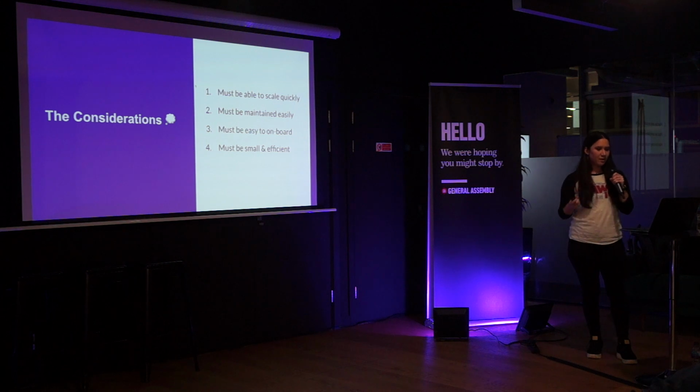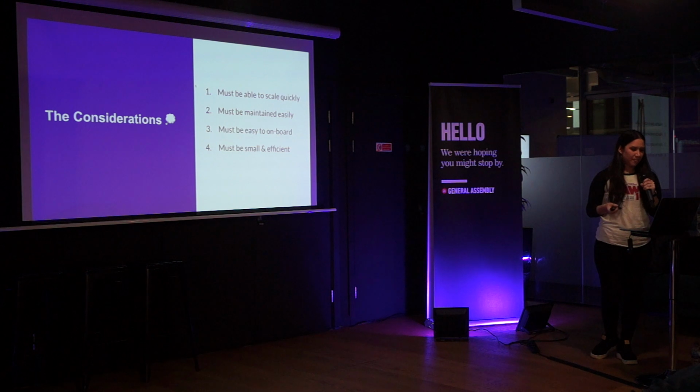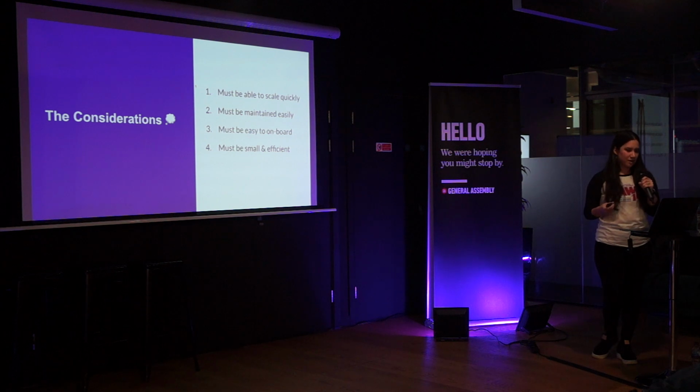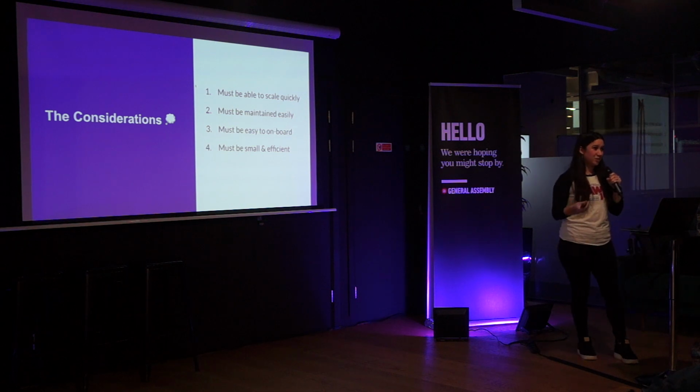So we want to be able to find, read, edit, modify, add, remove code with ease. And it must be able to onboard. So as the team grows, we want to make sure that all developers from any background can learn the frameworks that we choose, even with no direct prior experience. Ideally, we want a language that is cognitively intuitive. And it should be small and efficient, because we believe that performance should be at the heart of our product.